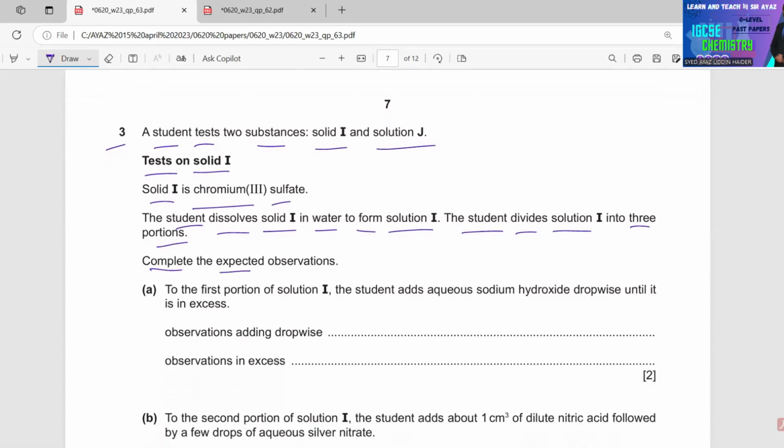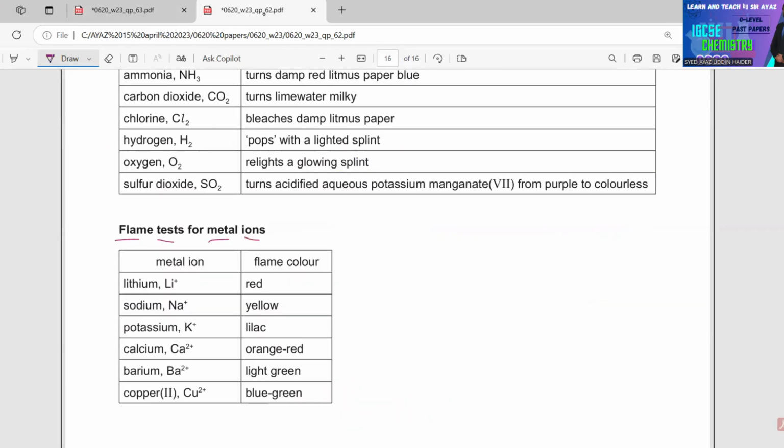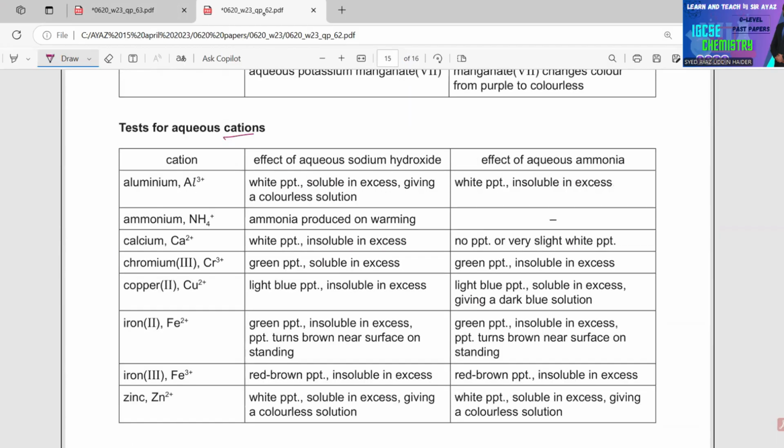Complete the expected observations. A. To the first portion of solution I, the student adds aqueous sodium hydroxide dropwise until it is in excess. Observations, adding dropwise and observations in excess. You see, you have chromium 3 sulfate here. So aqueous sodium hydroxide is used to check the presence of positive ions. This is a test for the cations here.